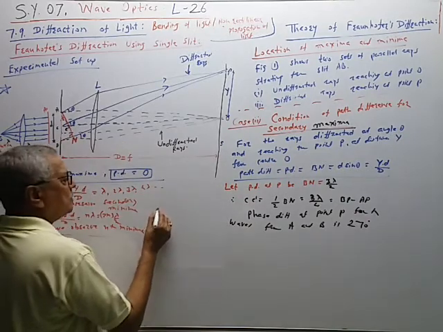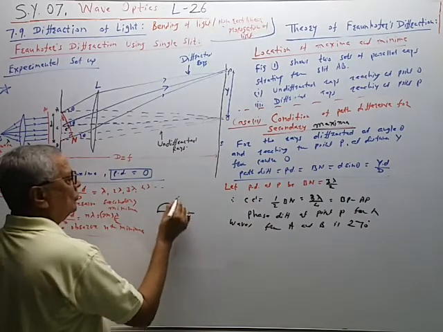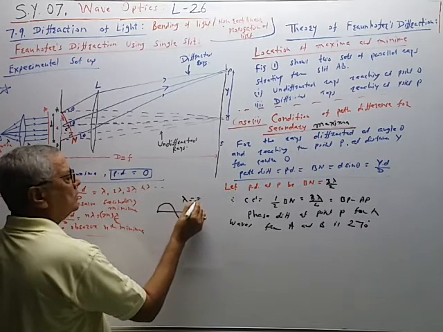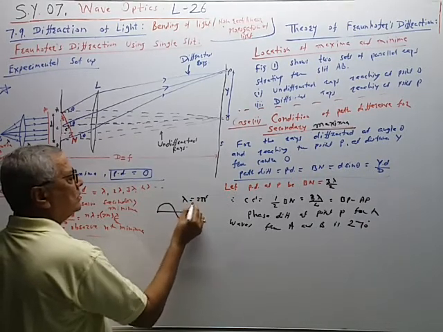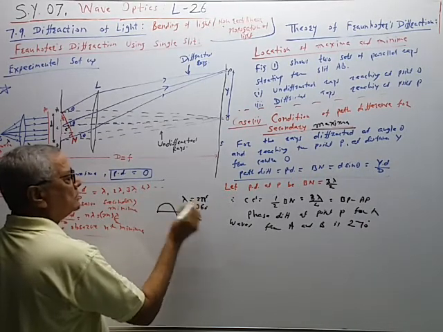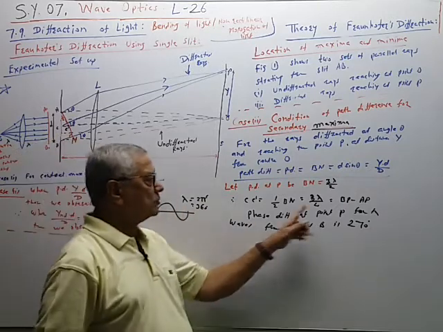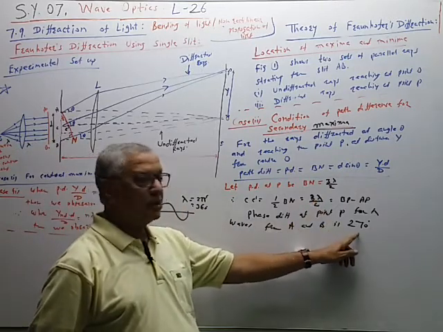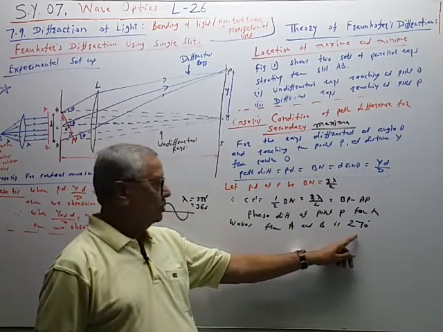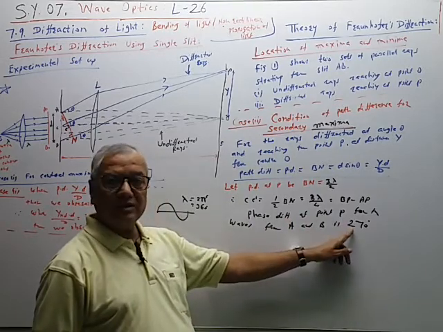Again we are using this property. One cycle corresponds to distance lambda, corresponds to phase difference 2 pi radian, corresponds to phase difference 360 degree. So lambda corresponds to 360 degree, 3 λ/4 corresponds to 270 degree. So phase difference is now 270 degree.